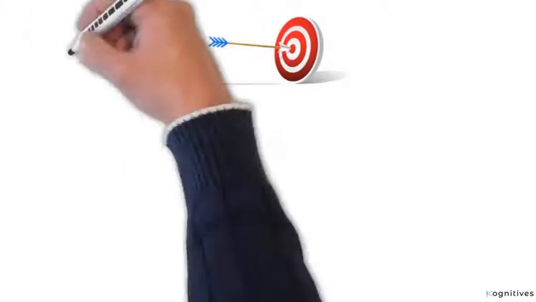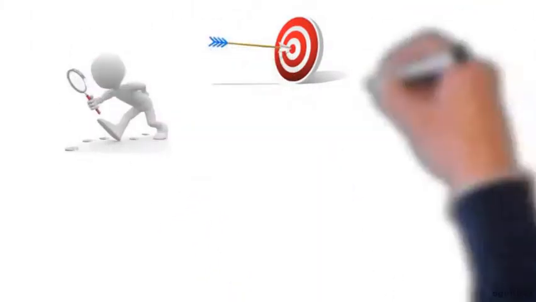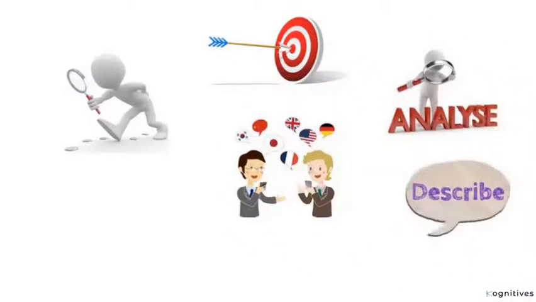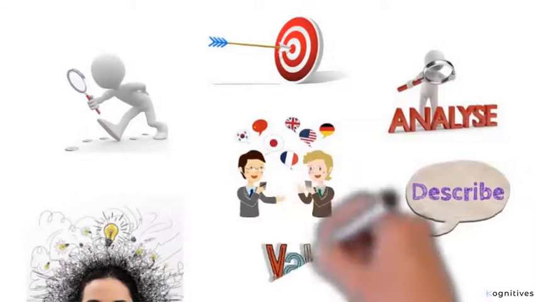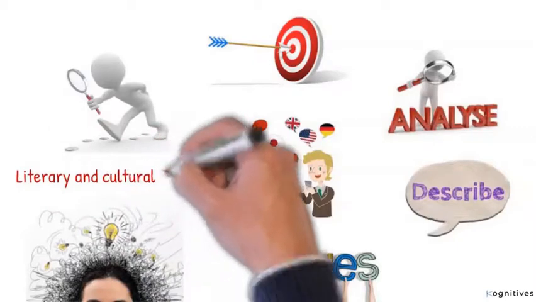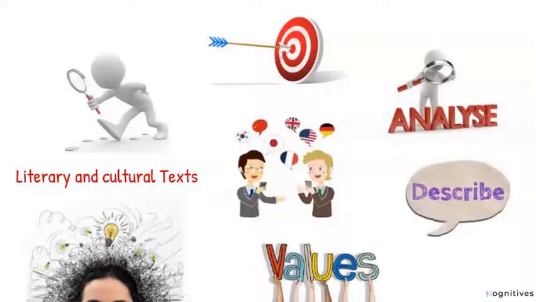The objectives of literature include helping students to be able to identify, analyze, interpret, and describe the critical ideas, values, and themes that appear in literary and cultural texts, and understand the way these ideas, values, and themes inform and impact culture and society, both now and in the past.